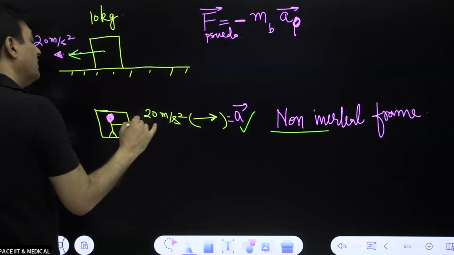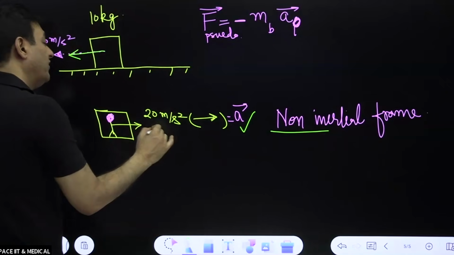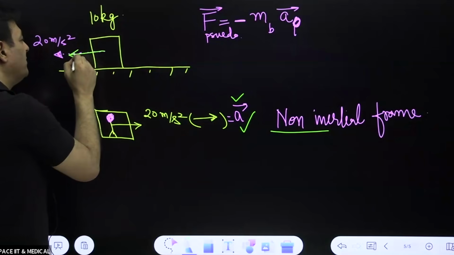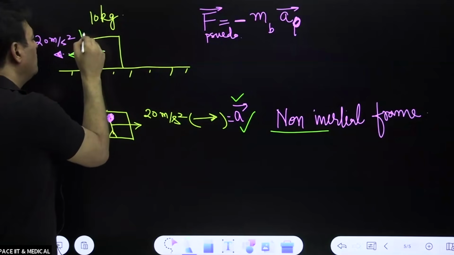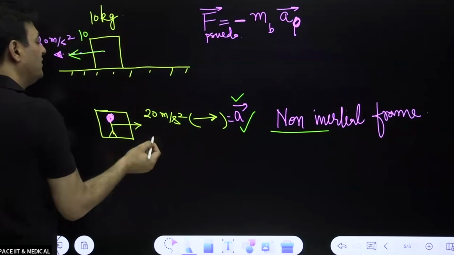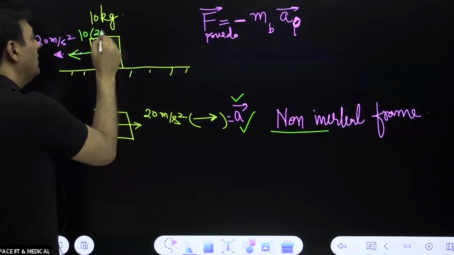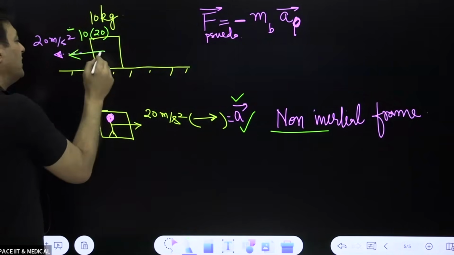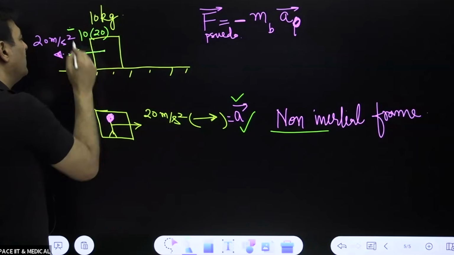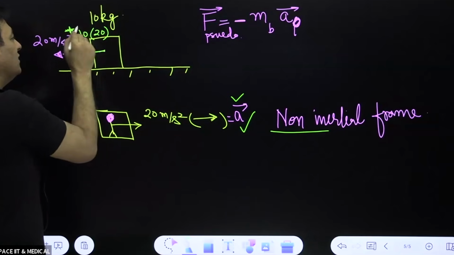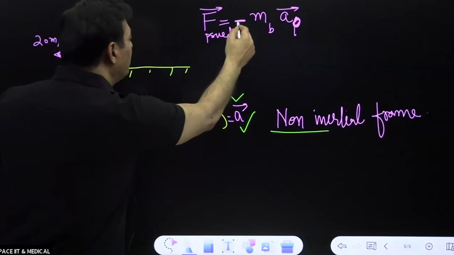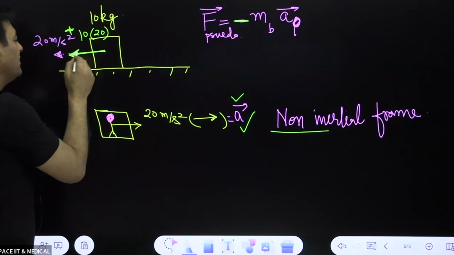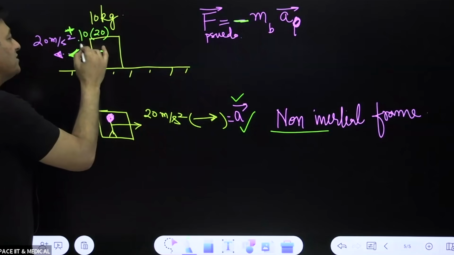If you are observing from a frame which has acceleration, you have to apply a pseudo force, and that pseudo force will be equal to 10 into the acceleration of the frame, 20, with a minus sign for the opposite direction. If you have already taken care of the opposite direction, then you don't need to put a minus sign here. In vector form you have to put the minus sign. If you have already incorporated the opposite direction, then the magnitude of the pseudo force should be this much.